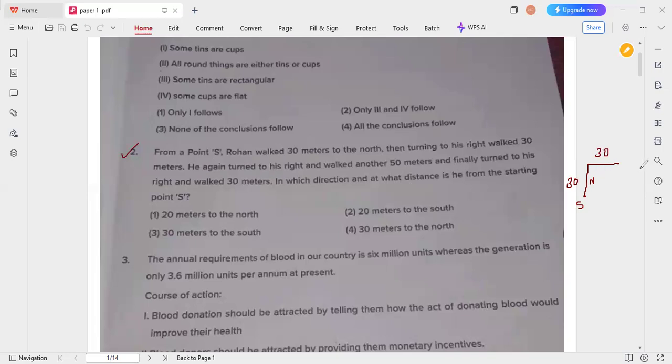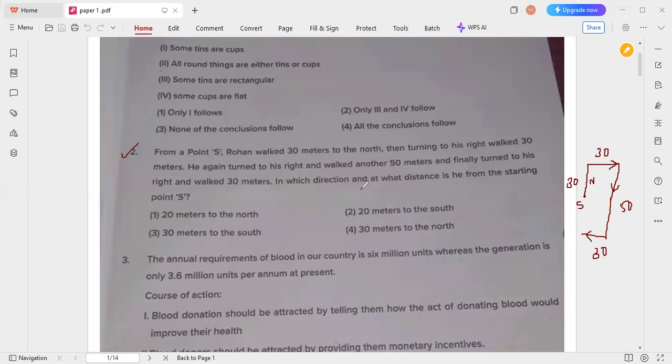Then from this direction he again turned to his right and walked 50 meters, and finally turned to his right and walked 30 meters.